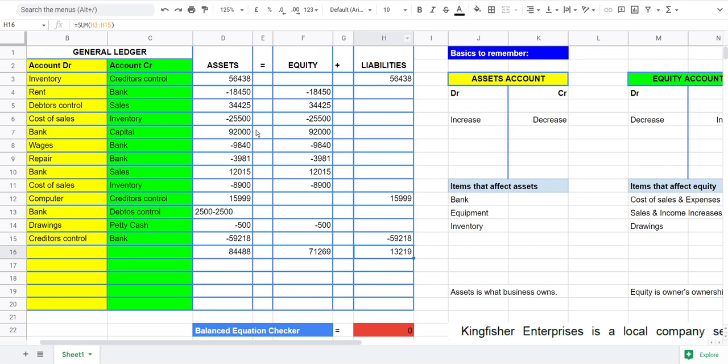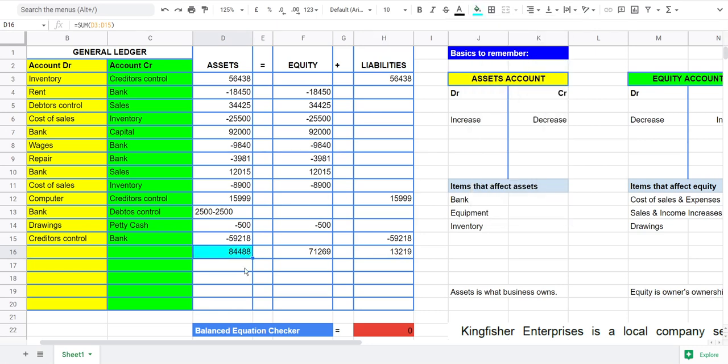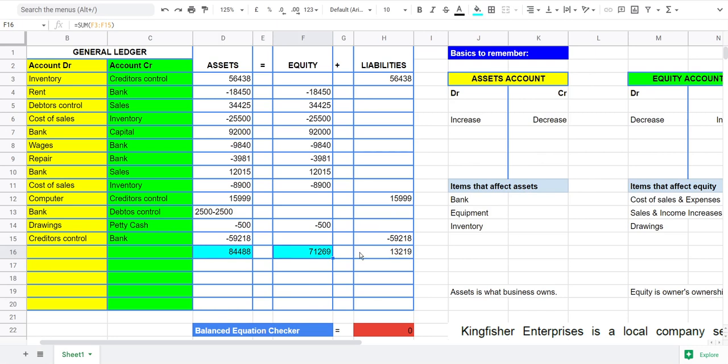Okay, so we have our totals there. The total for assets is 84,488. I'll just highlight there in sky blue. That is the total for assets, and then the total for equity, 71,269, and then the total for liabilities, 13,219.